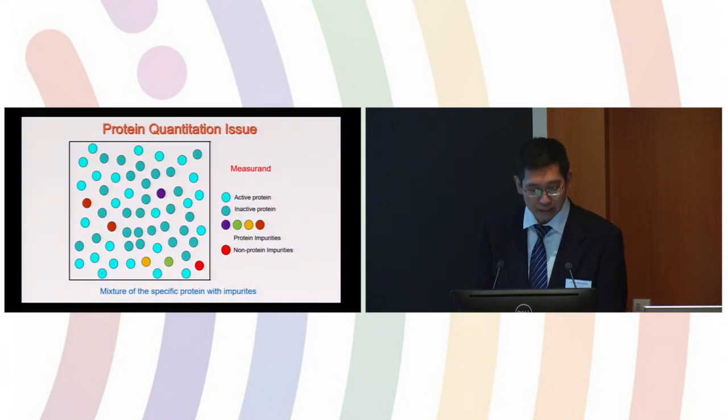This slide shows the protein concentration issue. Let's assume the light blue indicates the active protein molecules, and the dark blue indicates the inactive protein molecules. Other colors indicate the protein impurities and non-protein impurities.